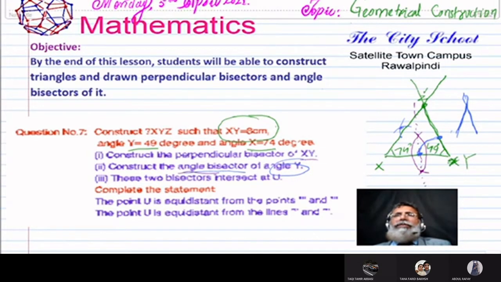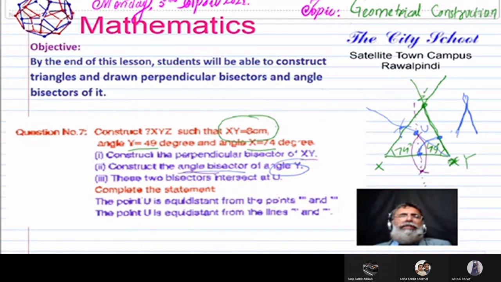So this point will be joined with angle Y, which will be the angle bisector. So you can see that the previous bisector and this bisector are intersecting at one point. This is point U.